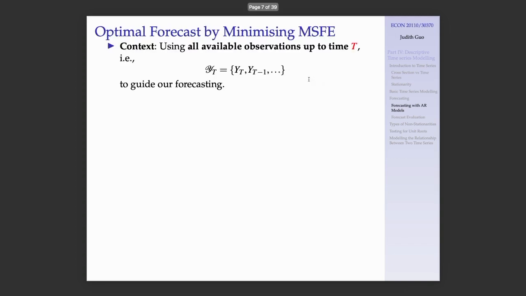Okay? So the idea is to use the past up to time capital T. All the information is embedded in this curly Y notation. Whenever you see this curly Y notation with some subscript, that subscript tells you up to which time we have information about.